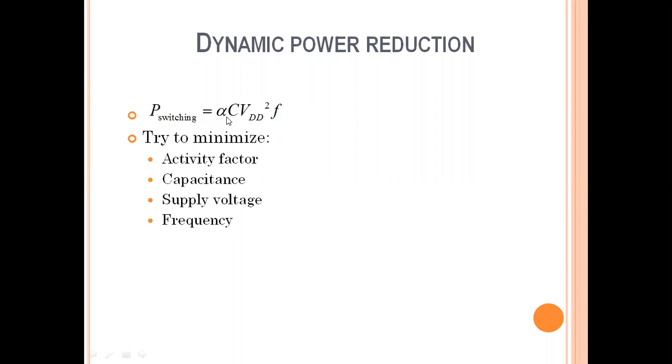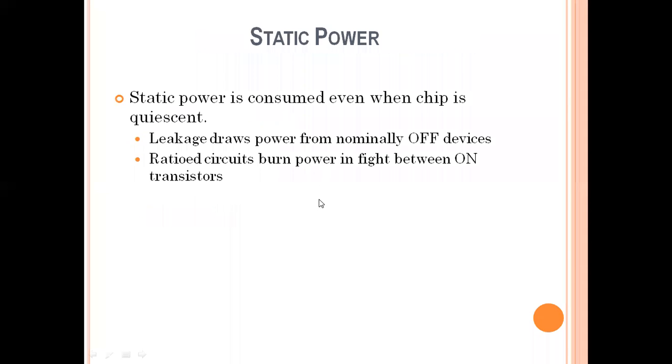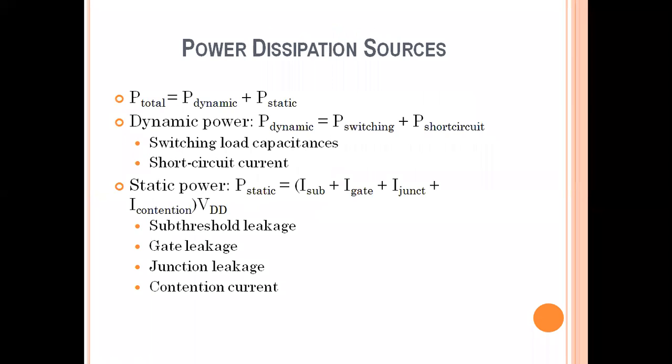We can calculate it by this formula: alpha, C the capacitance, V squared, and the operating frequency. In a VLSI chip, power dissipation is always the major aspect. Whenever we calculate the power dissipation, we add the dynamic power dissipation and the static power dissipation.